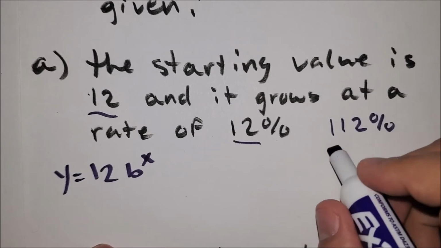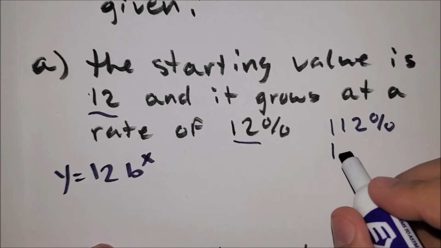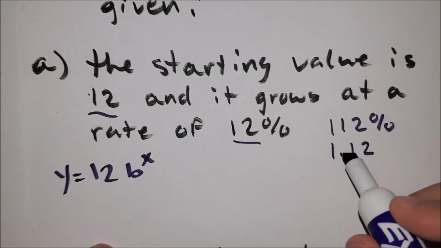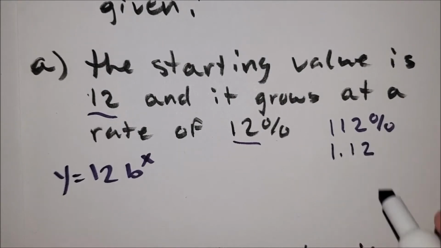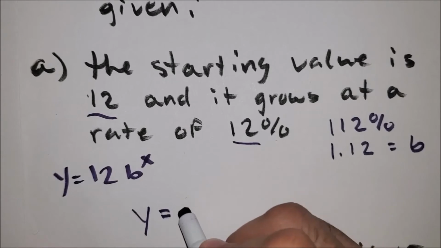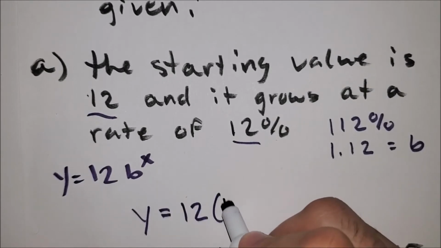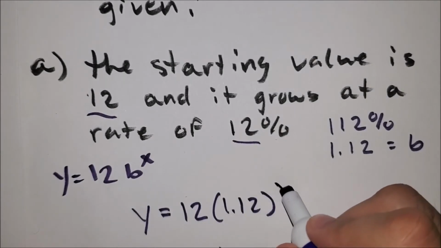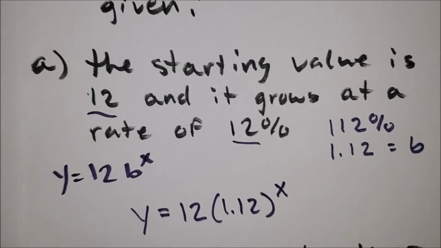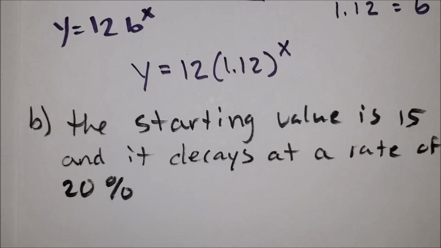So all we did was we took our original 1 and then we added our growth rate to it. As a decimal, that gives us 1.12. So b is 1.12. So we'd end up with y equals 12 times 1.12 to the power of x. And that's our equation.